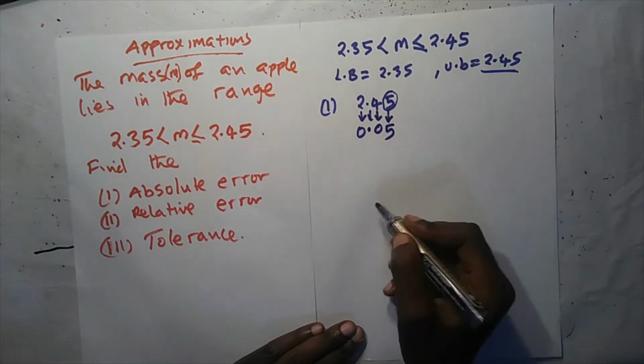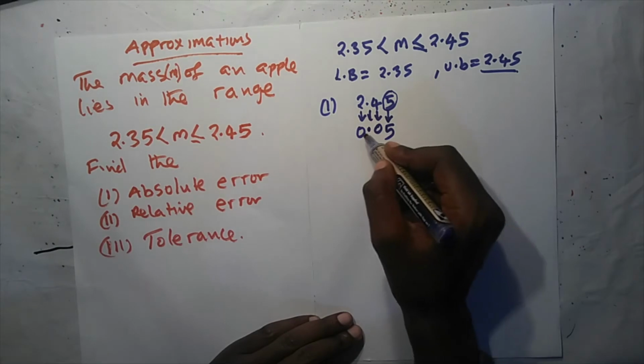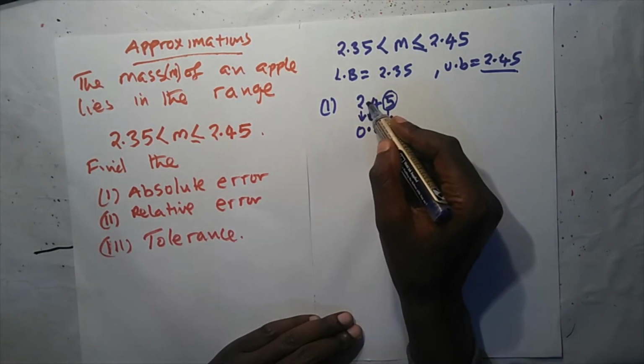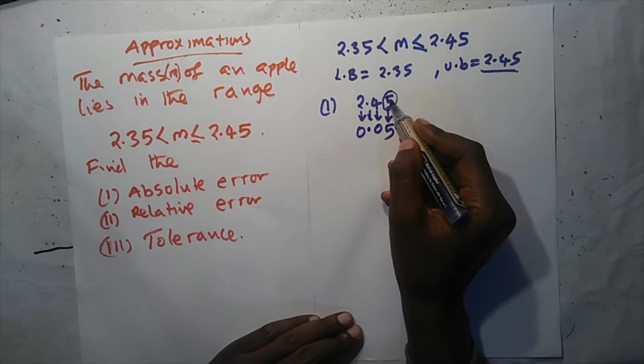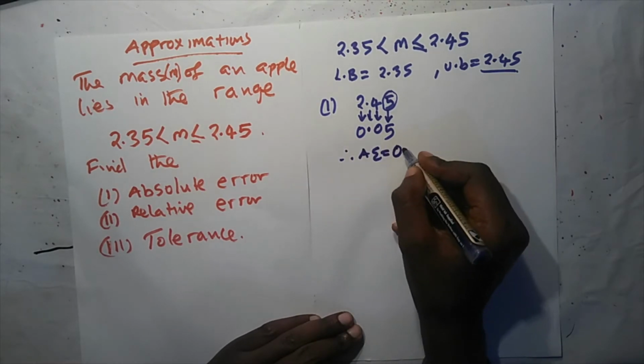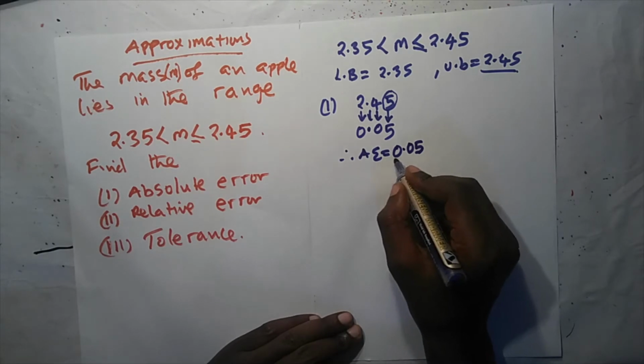So this is the absolute error that we have. It's 0.0 and the 5 at the end, which is from our absolute error. Therefore, the absolute error here is 0.05.